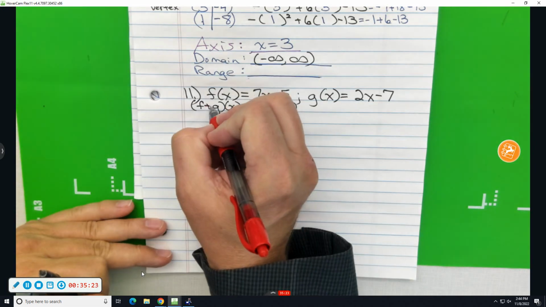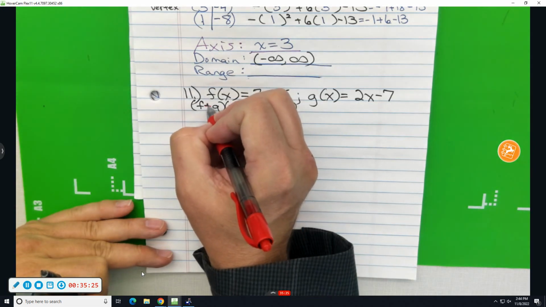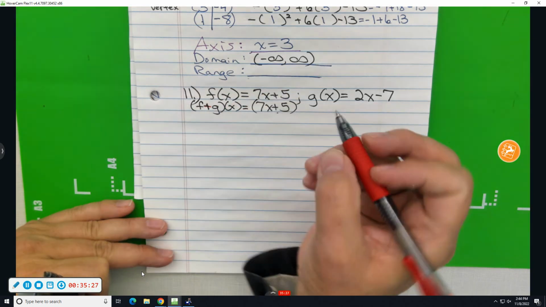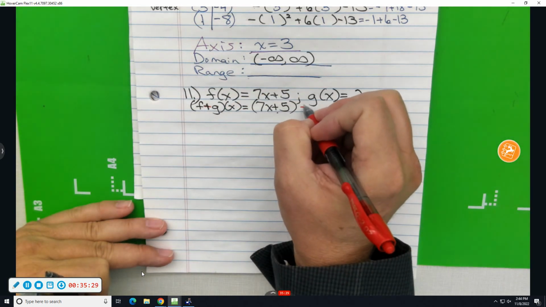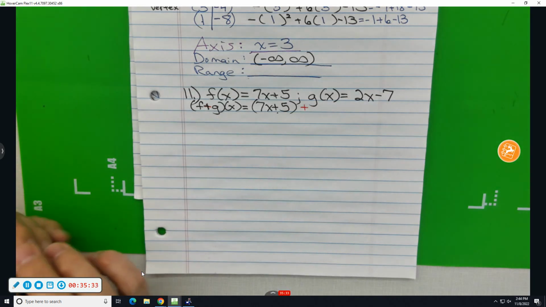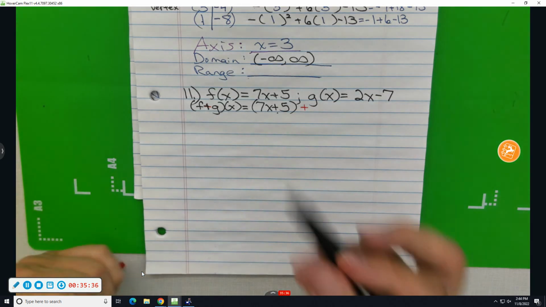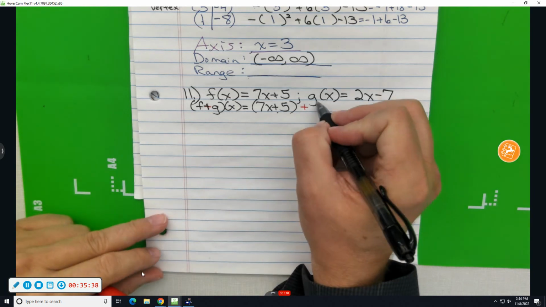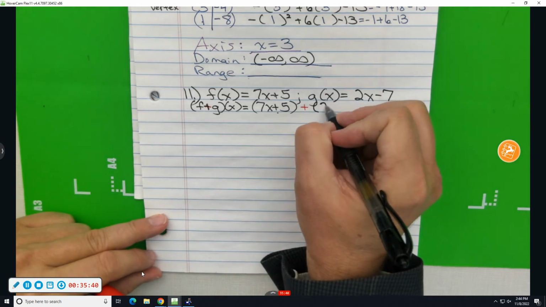Plus, this red plus is the plus connecting f and g. So we're adding g of x, which is 2x minus 7.